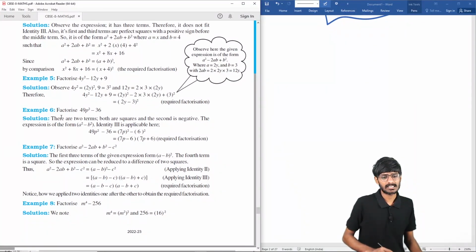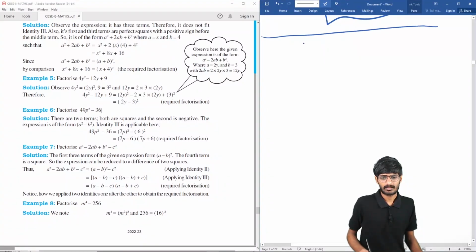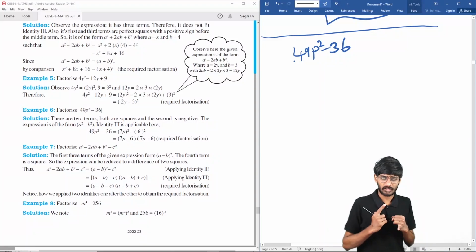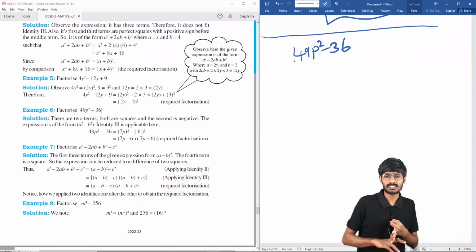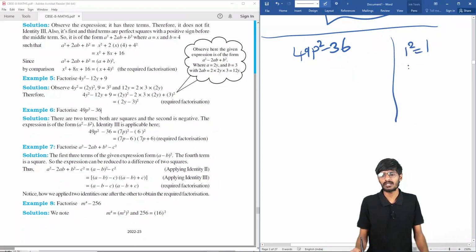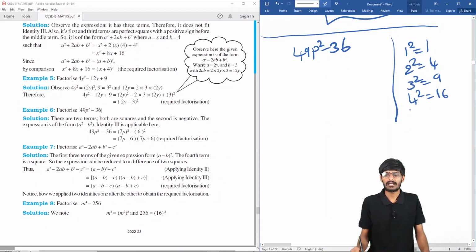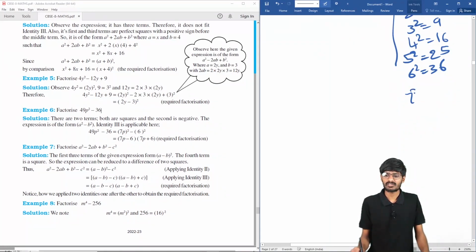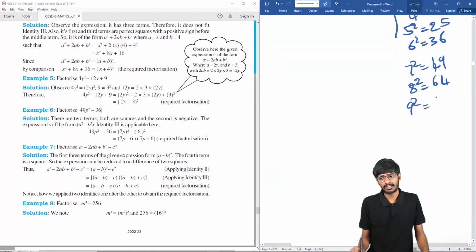So I will explain with the sixth example, that is 49p square minus 36. For using the identities or factorization, we have to remember the squares. That is 1 square is 1, 2 square is 4, 3 square is 9, 4 square is 16, 5 square is 25, 6 square is 36, 7 square is 49, 8 square is 64, 9 square is 81, and 10 square is 100.